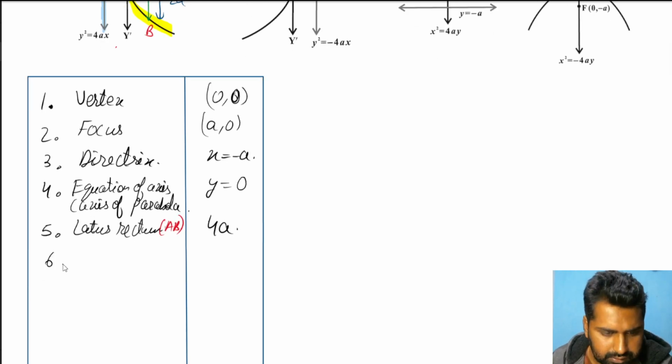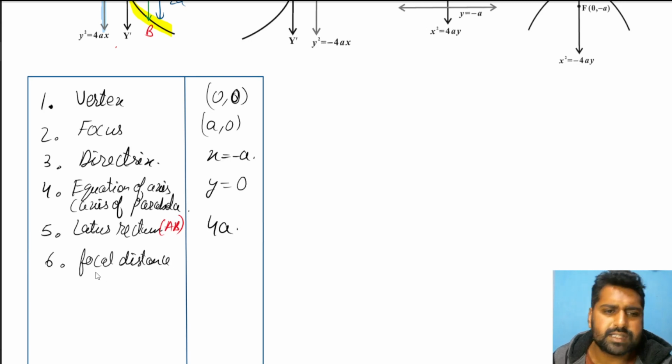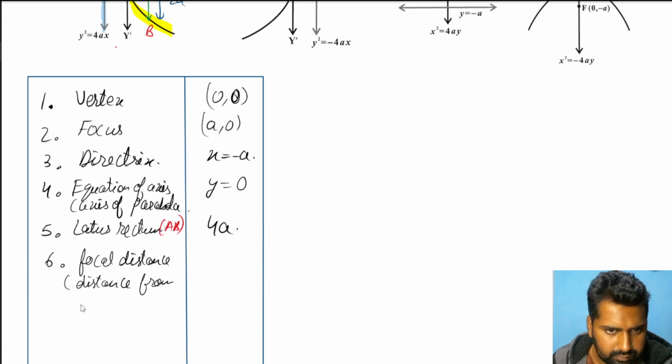And last point, focal distance. Focal distance is the distance from the focus of any point x comma y.